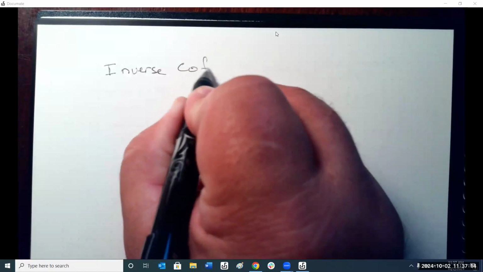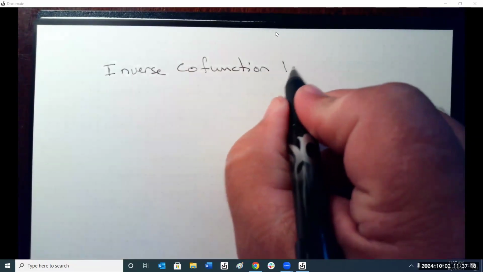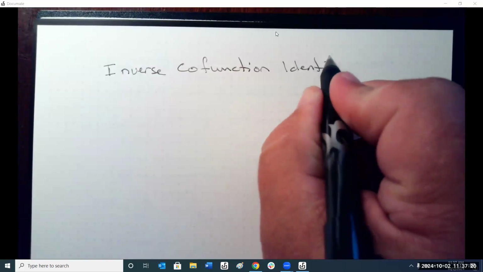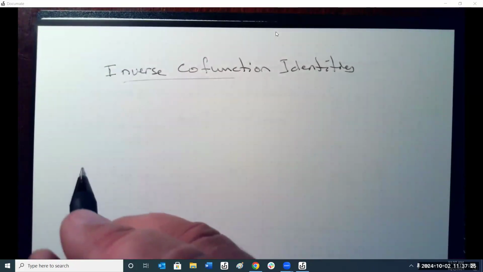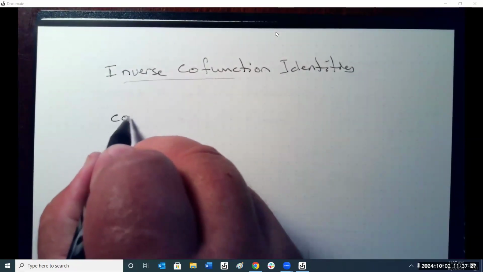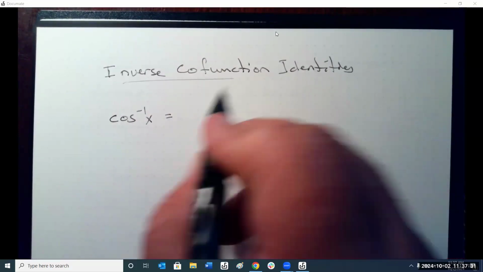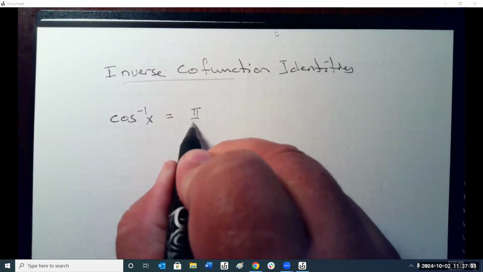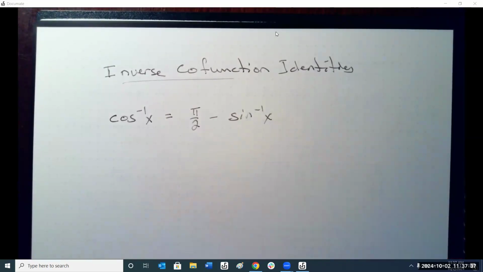Inverse cofunction identities. For example, the inverse of cosine is the same thing as pi over 2 minus inverse of sine x.